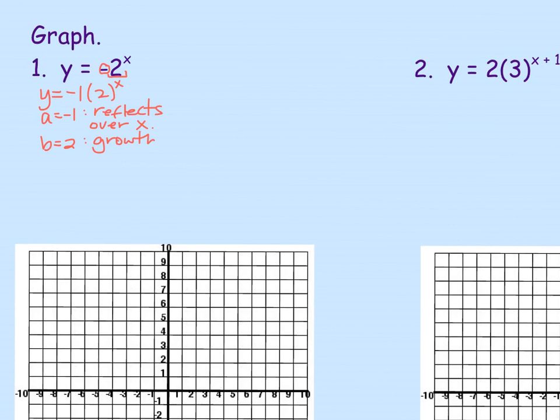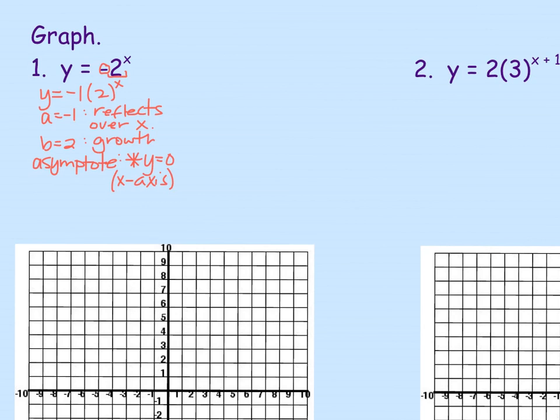It'll increase faster. The other thing I want to note is our asymptote, by definition, is the x-axis, but the equation is y equals 0. So y equals 0 is the equation for the x-axis. And I'll wait to graph that until I scroll down to have a bigger view of the graph.